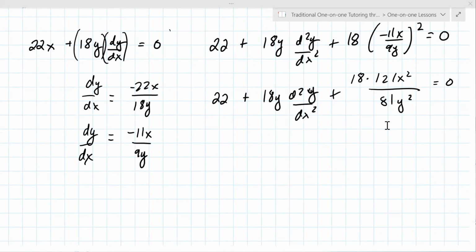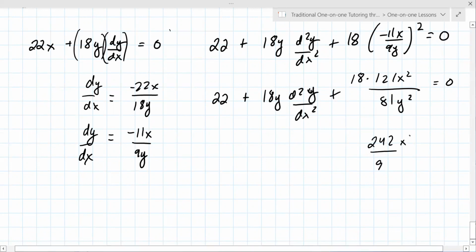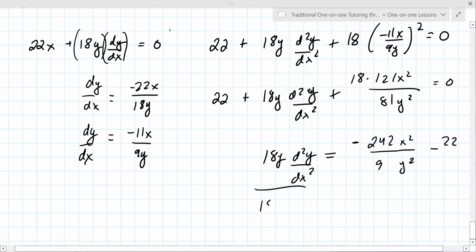All right, so on the right here, this becomes 242 over 9 times x squared over y squared, but we're going to move that to the other side of the equation. So we're subtracting it, and then we're going to subtract this 22. Okay, and so you're left with this 18y d squared y over dx squared. So you divide both sides by 18y like this.